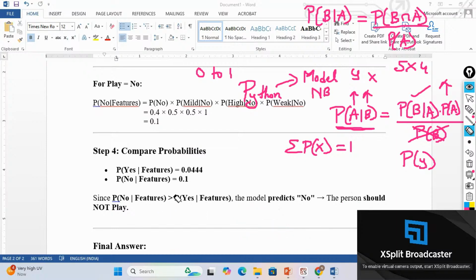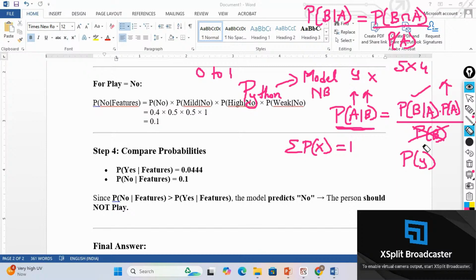Since the probability for no is greater than the probability for yes, the model predicts no. So the person should not play. That is what the model predicts. I hope you got the point.